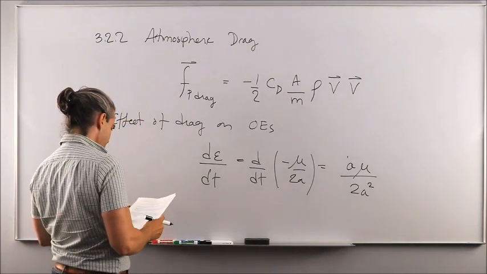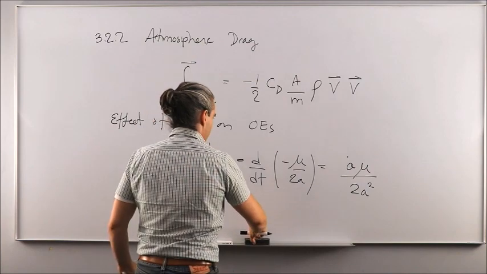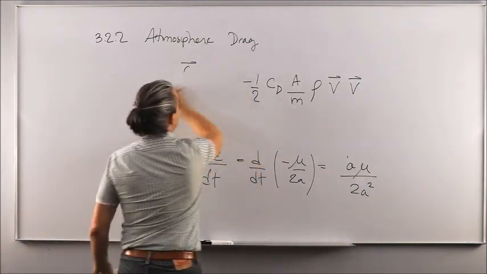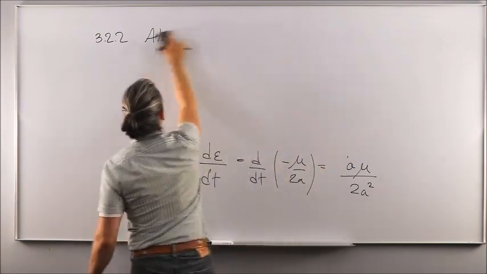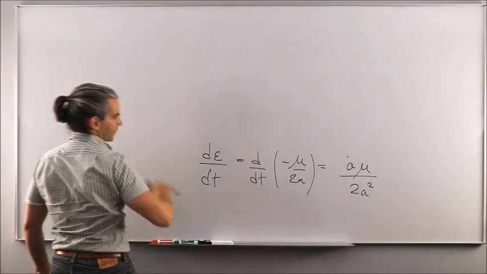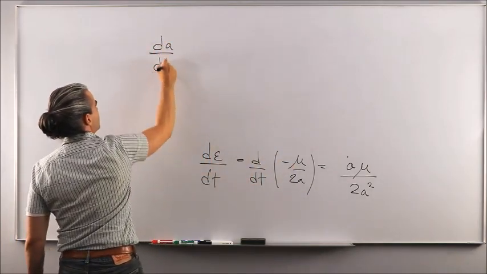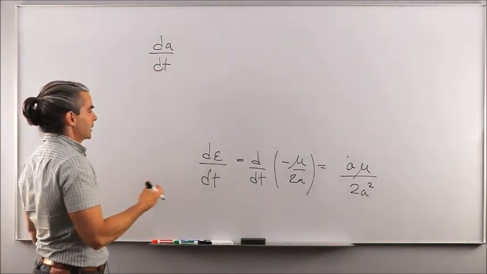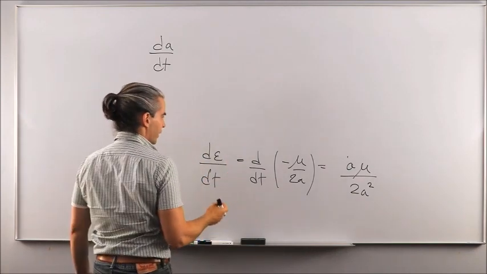Okay? So this is all for the E dot, but that's not what we want. We'd like something on the left-hand side that looks like a dot, the time derivative of semi-major axis, which is analogous to the Gauss original equation for semi-major axis, yet using a different thought process here, okay?